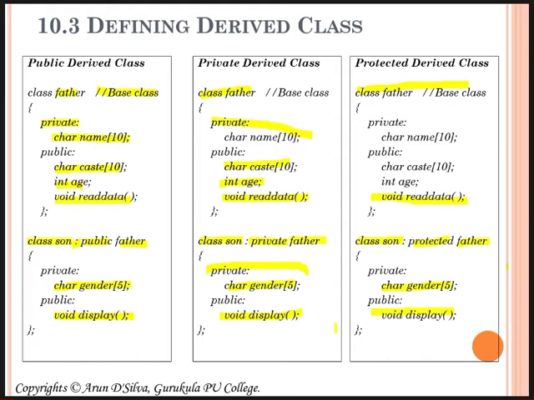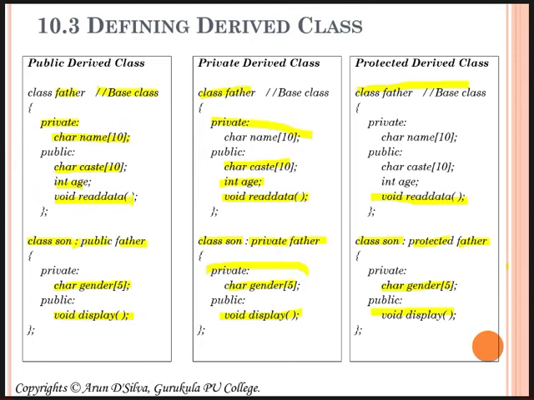Before concluding this session, I just wanted to give an idea. These three classes all work the same way, but the access to those member data and member functions will depend purely on the visibility mode in the derived class. Students, keep it in your mind.